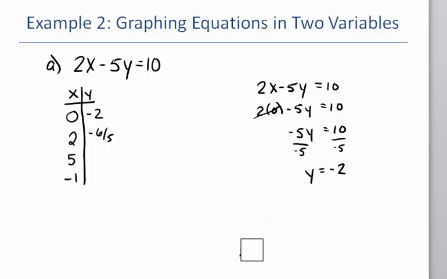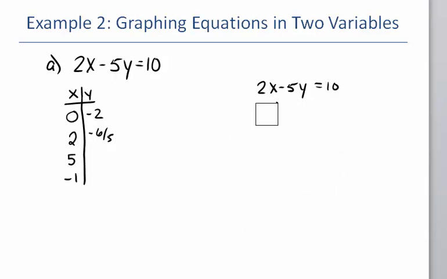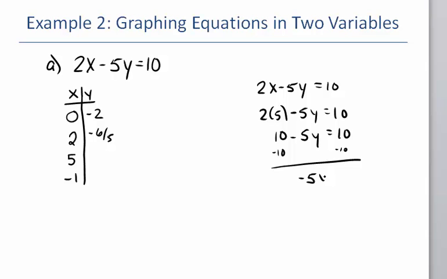We'll now plug in a +5 for the x. Which gives me 2 times 5 is 10, minus 5y is equal to 10. We're going to subtract 10 from both sides, leaving me -5y is equal to 0. And divide both sides by -5, and so we get a y value of 0 for that one.